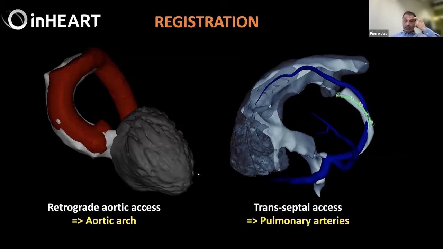This is on a Carto platform, so it's a catheter that is equipped with a magnetic sensor, and we're not using any multi-electrode catheter for that, just the ablation catheter. It's in fact more precise with the ablation catheter because you don't have the uncertainty that you may have with the PentaRay, where the magnetic sensor is in the shaft, and then you have localization of the electrodes that is based on impedance. So I like better doing it with the ablation catheter itself.